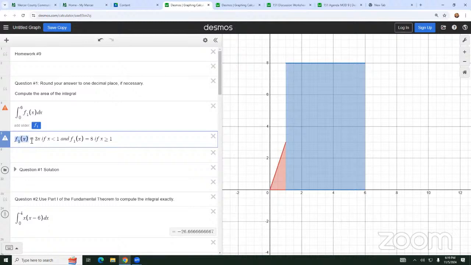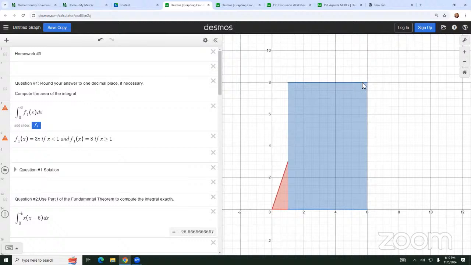And f1 is equal to 3x, this red line here, but only when x is less than 1. So you see how the red line stops at 1. And then after 1, the function is equal to 8. You see how the function is just a horizontal line at 8? That's what the function looks like.